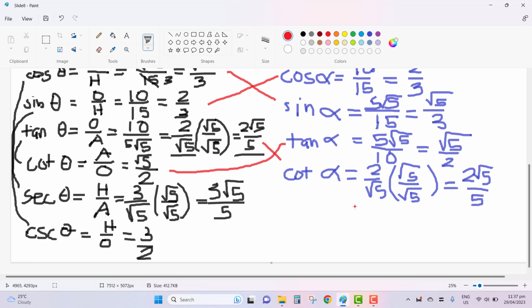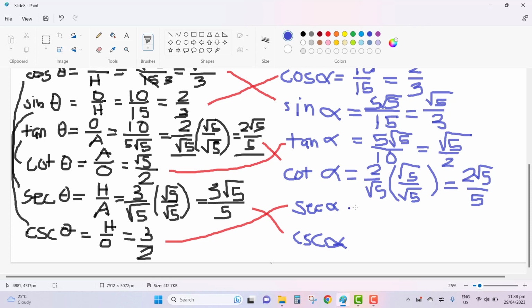With this concept, we are also expecting that secant theta will become our cosecant alpha, sorry, and that your cosecant theta will become your secant alpha.